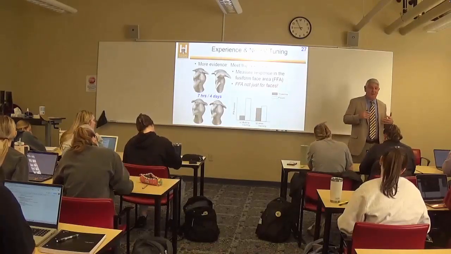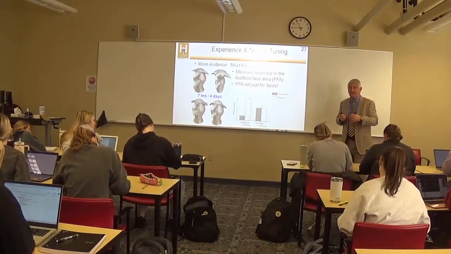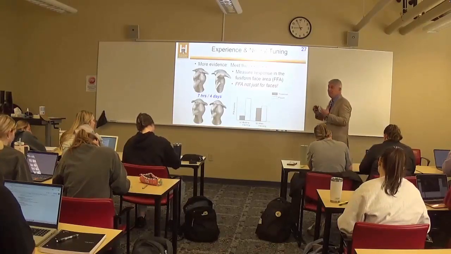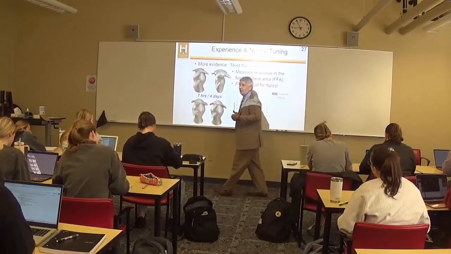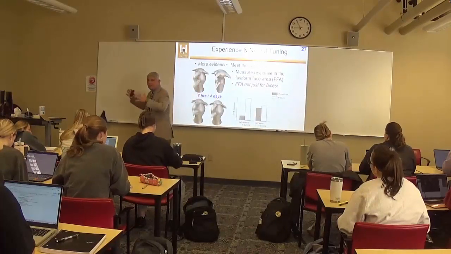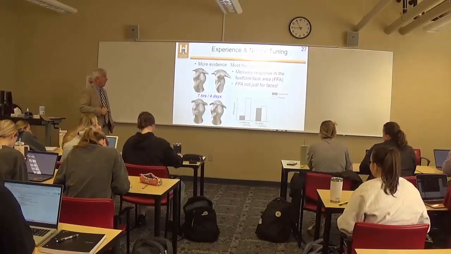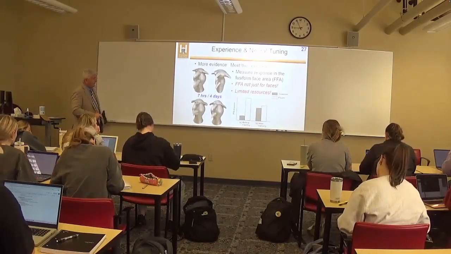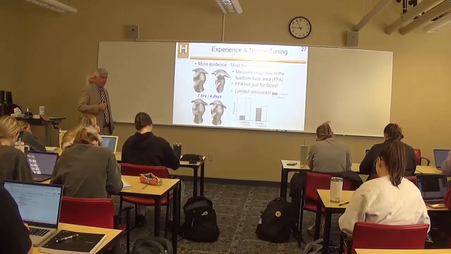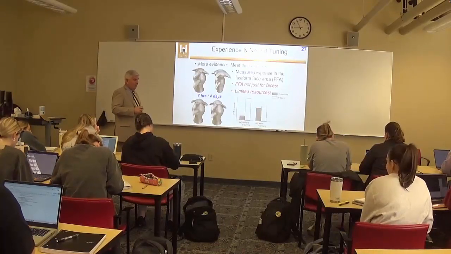And their fusiform areas respond to cars and birds. So it's emotionally important stimuli that get put in this area. And for most of us, all of us, faces are emotionally important. But again, we have limited resources, so when we're storing other things in there, we might be limiting its ability to detect other things.